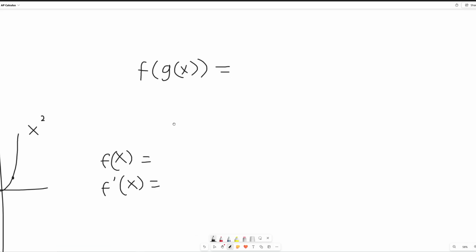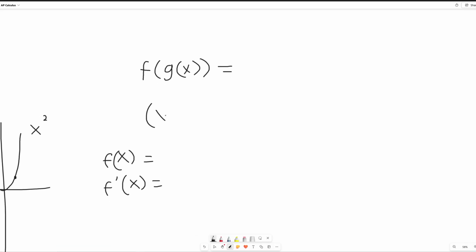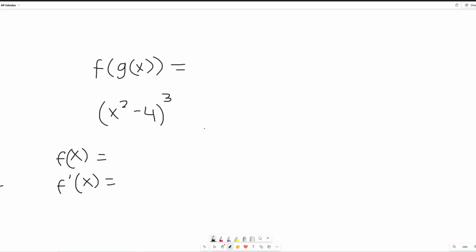Well, you could say x squared minus 4 cubed. So now, this is essentially like saying you have x cubed, and you're putting x squared minus 4 inside of the x cubed. So what would this look like?